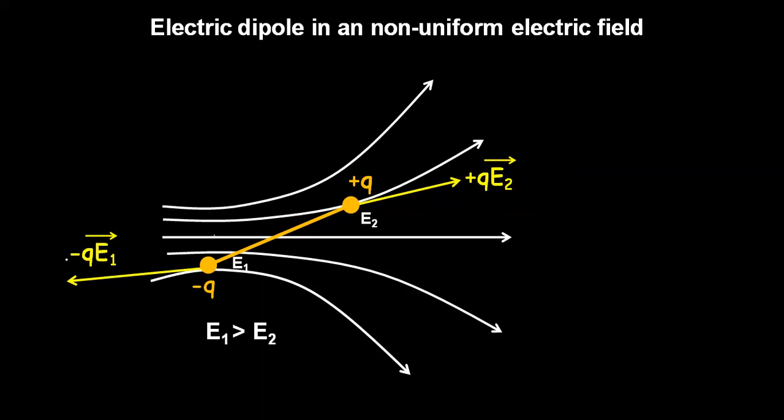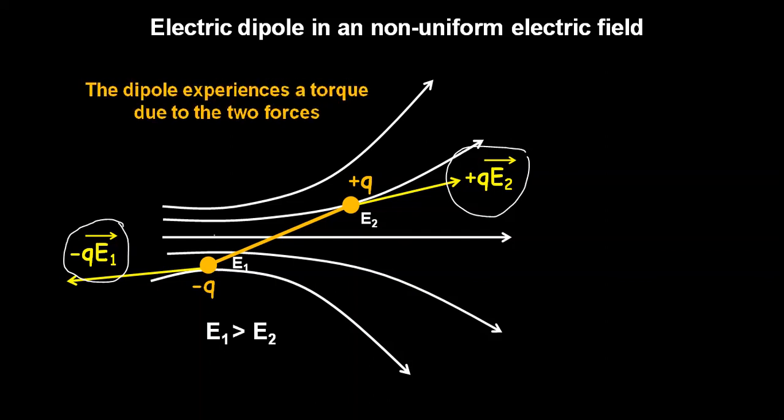Now, these two forces do not form a couple, because E1 is greater than E2, so the magnitude of QE1 should be greater than the magnitude of QE2, right? So these two forces are not of equal magnitude. But since these two forces act at two different points, they do cause rotational motion, which means these two forces will produce torque on the dipole.